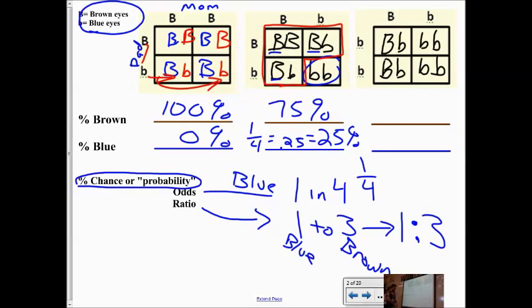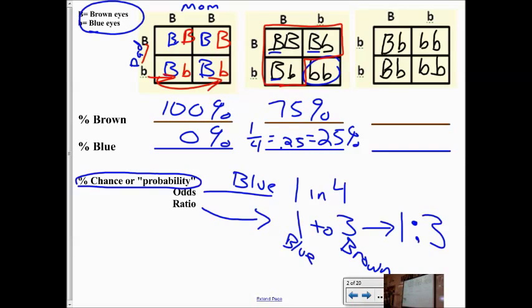So if I ask for a percent, you give me percent, okay? You might notice that when you do ratio, you add these two numbers together, it equals 4. The same number of chances you have. When you do odds, does that equal 4? No, okay? There's 4 possible. That's always going to be that second number.